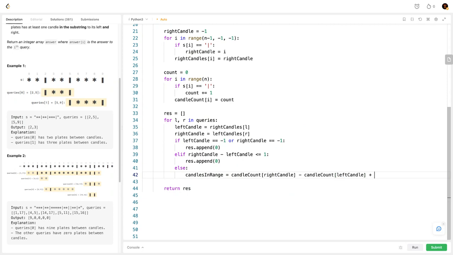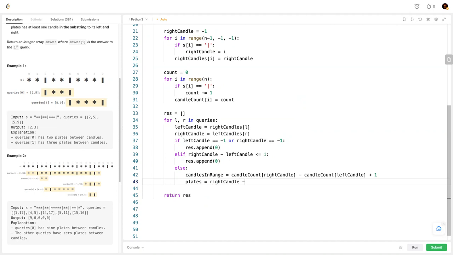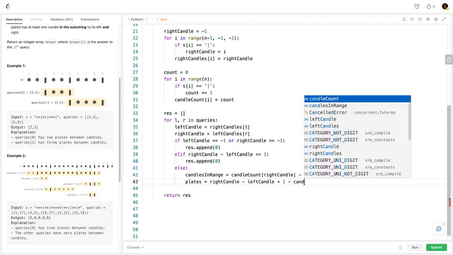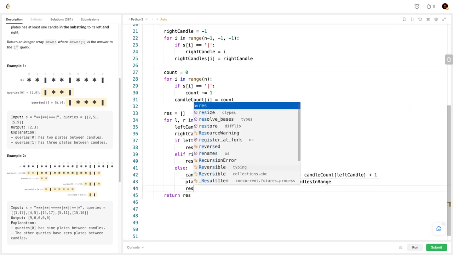This is the total number of candles in the range, including the left candle and the right candle. So the number of plates would be the number of positions, which is the right candle minus the left candle, minus the candles in the range. And this is the number of plates. So we just append it to the response.